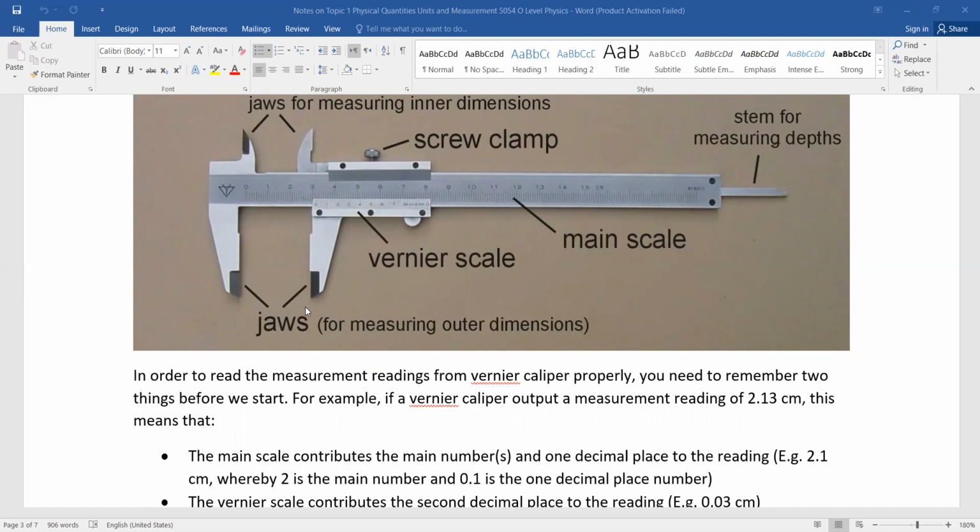So there are four jaws here. The upper jaws are used for measuring internal diameters, and the lower jaws are used for measuring the external diameters, right?